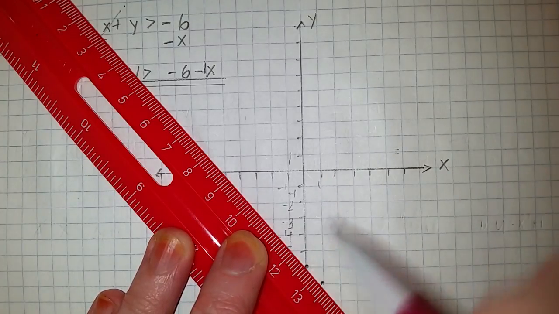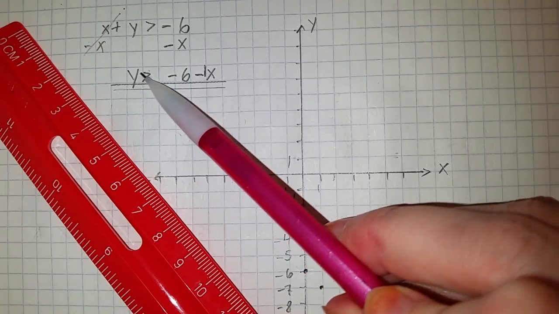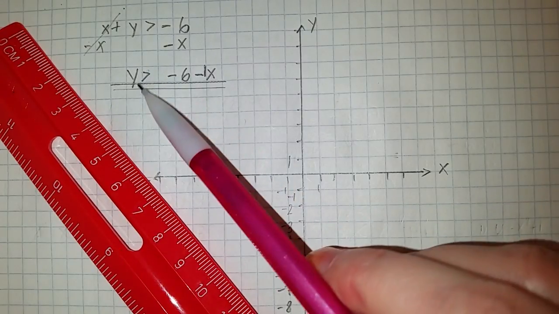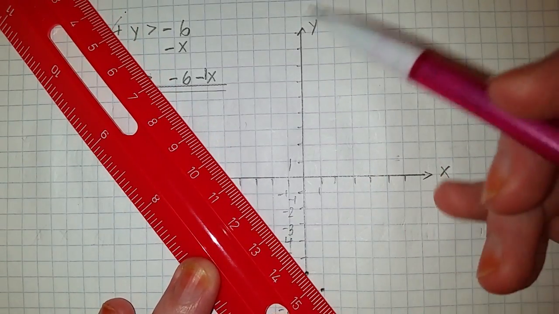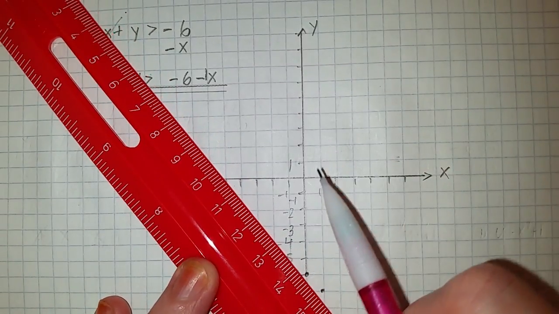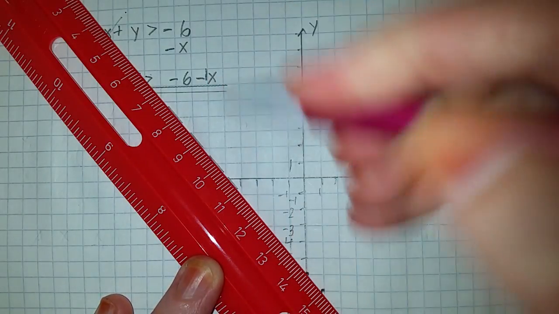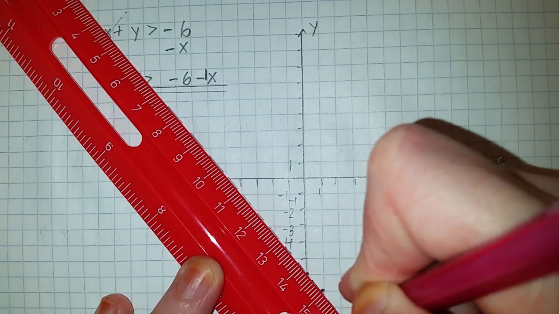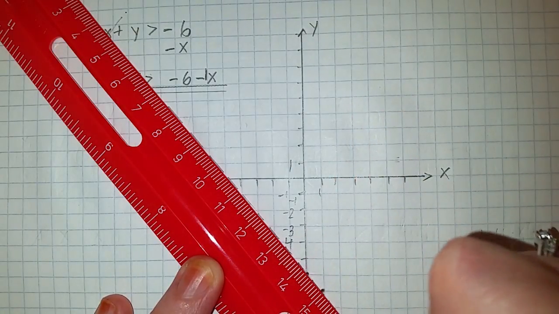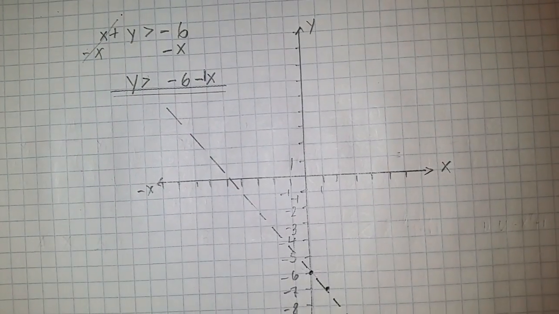Now, one more thing before we can actually graph this. This inequality says greater than. It does not have an additional equal sign, so I already know that my line is going to be a dotted line. It cannot be a solid line, it has to be dotted. There always has to be space in between the individual dashes, something like this.